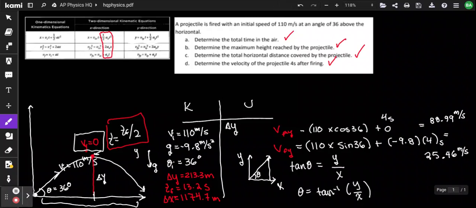Since we have both our y and x components of our velocity, we can simply plug them into our calculator using this equation to get theta. So that's going to be tangent inverse of 25.46 divided by 88.99. And that's going to give us an angle of about 15.9 degrees above the horizontal.